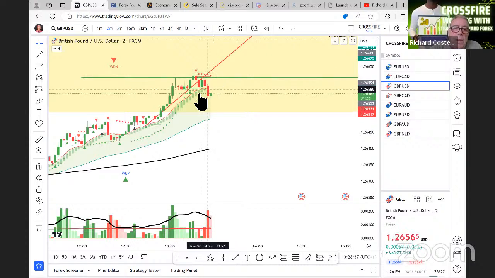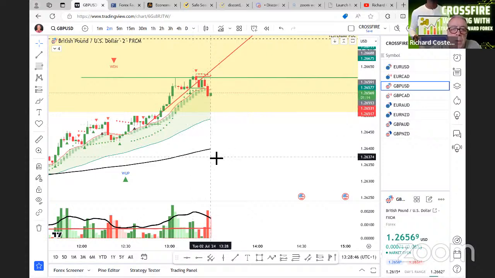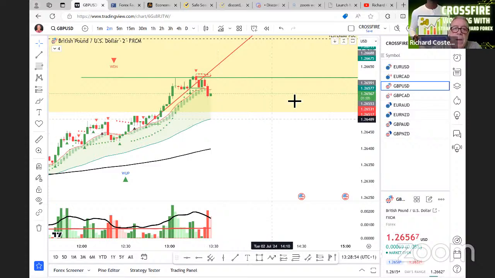We also need this 13 and 62 moving average to start pointing downwards, and ideally I want them below the 200. However, the 200 is pointing upwards, indicating a buy. So conflicting information from there.